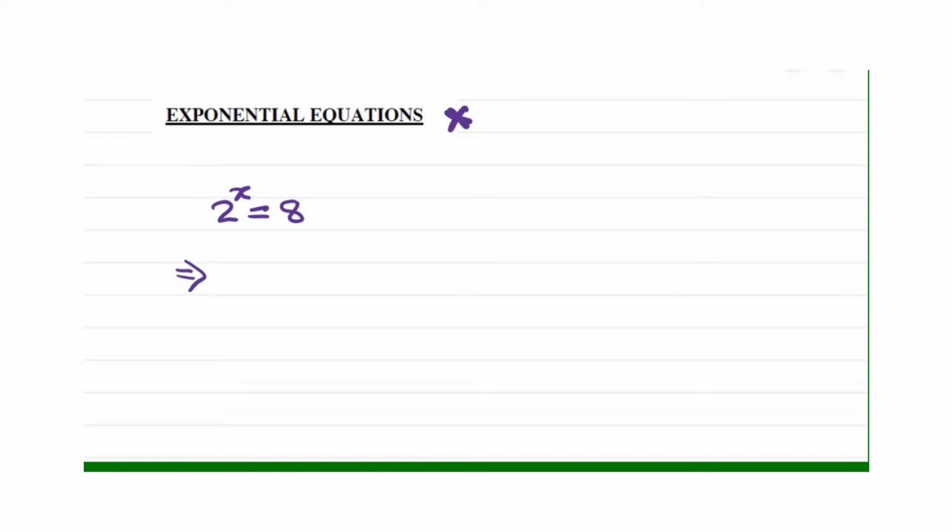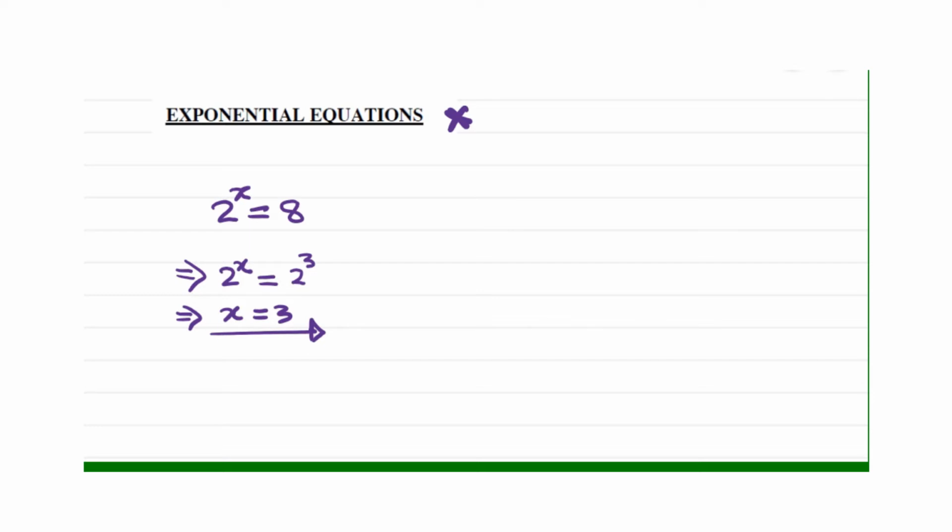As you solve it, 2 to the power x equals, you rewrite 8 as a product of prime factors, which will be 2 to the power 3. Since the bases are the same, the exponents must be the same. So x will be equal to 3.